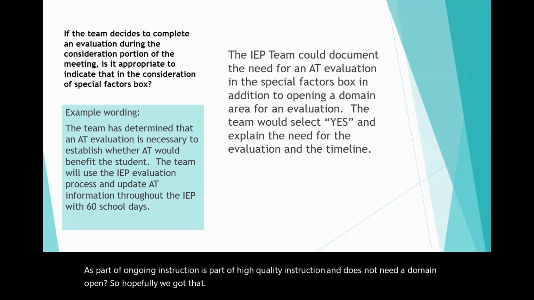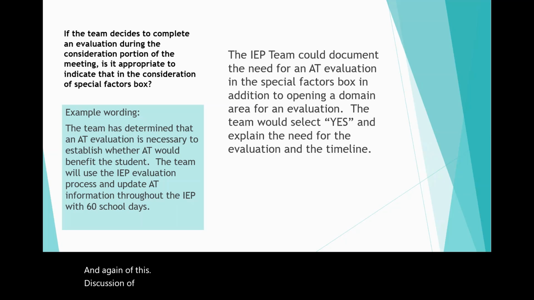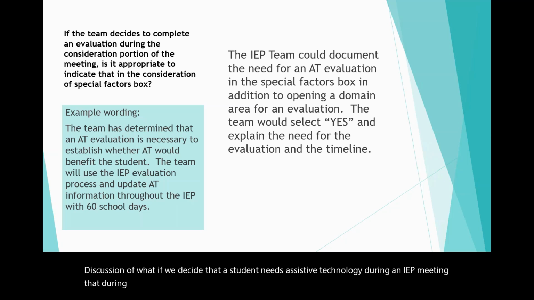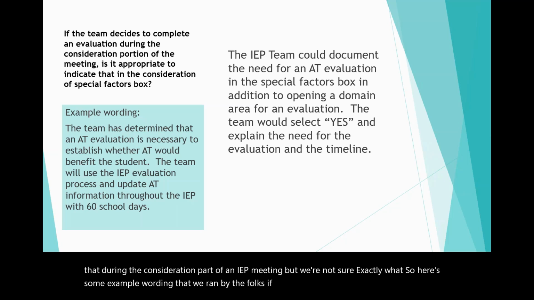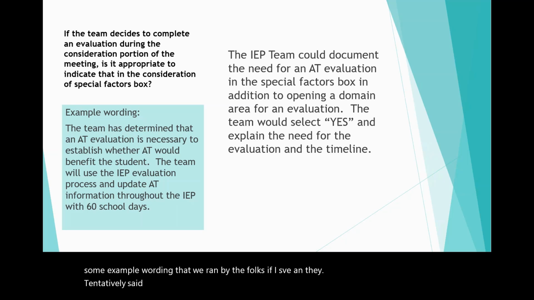And again, the discussion of what if we decide during the consideration part of an IEP meeting that a student needs assistive technology, but we're not sure exactly what. Here's some example wording that we ran by the folks at ISBE, and they tentatively said that this looks like it would be acceptable wording.